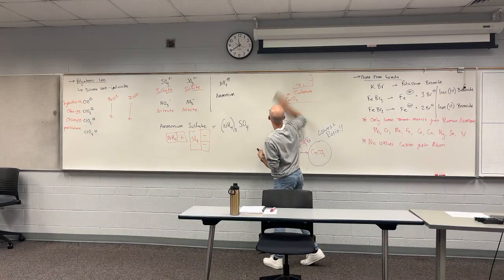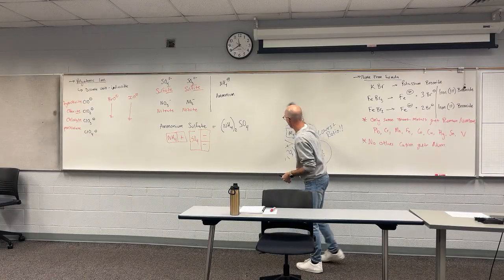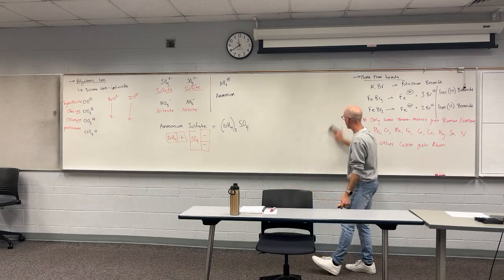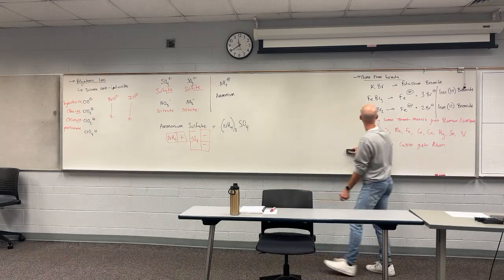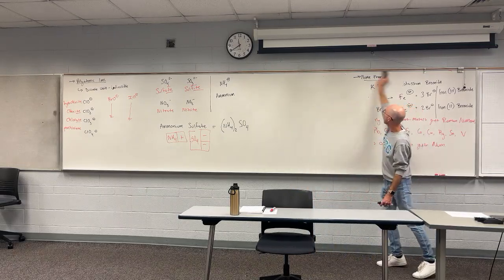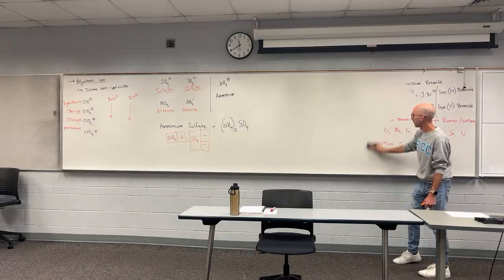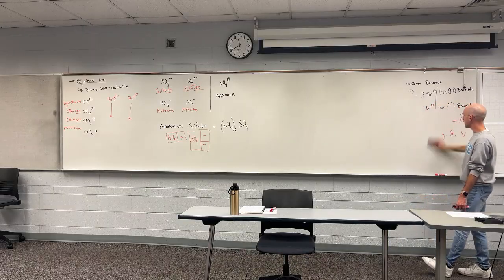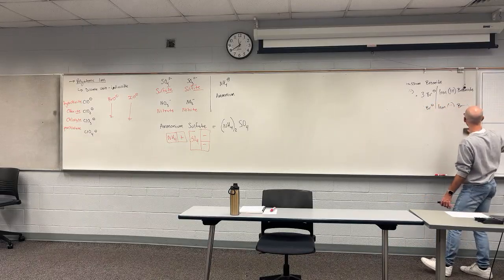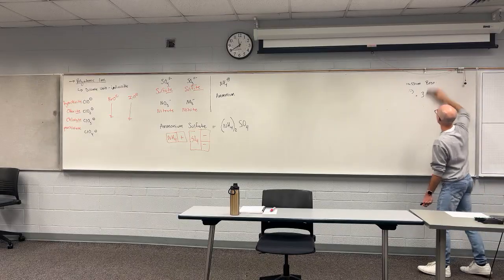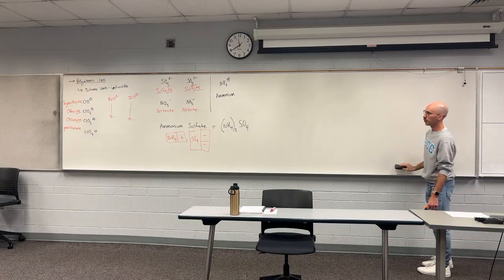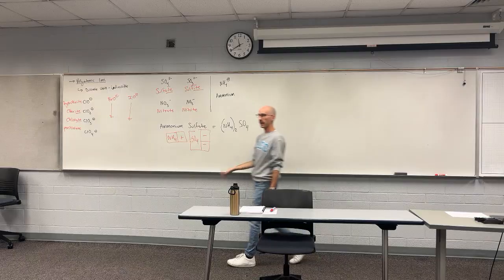Now I do want to point out that these names have no prefixes. There is no indication to you in the name how many of each ion is present. Why is that? Why don't I call it 2-ammonium sulfate or diammonium sulfate?